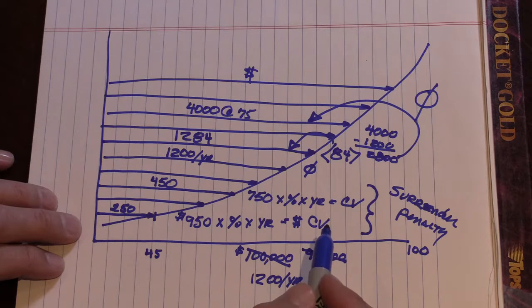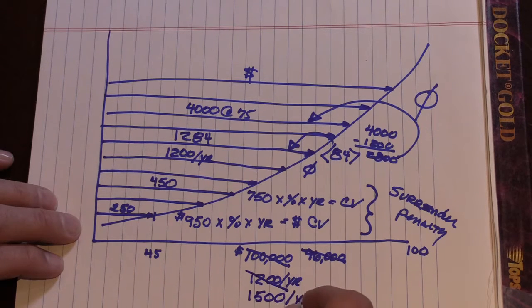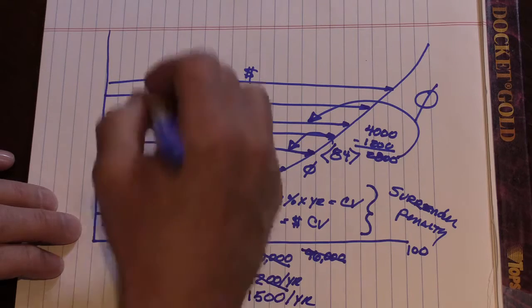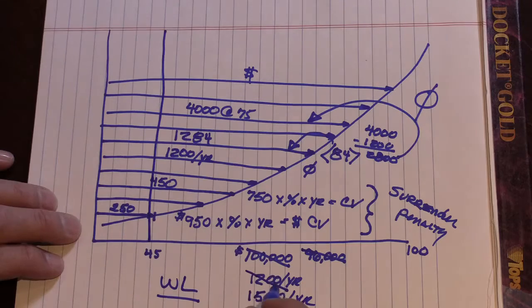Now, the other type of insurance that we use an awful lot is called whole life. The difference, though, is it's not going to be $1,200. In this particular example, the cost of the whole life policy is $1,500 per year. But in whole life, the mortality charge is set the day you buy the policy.